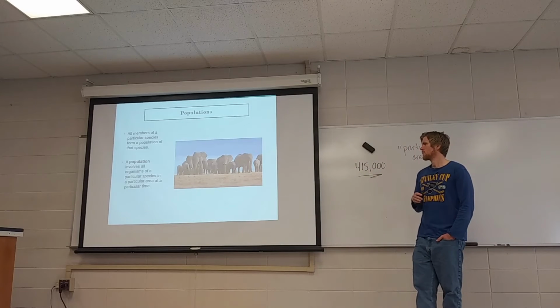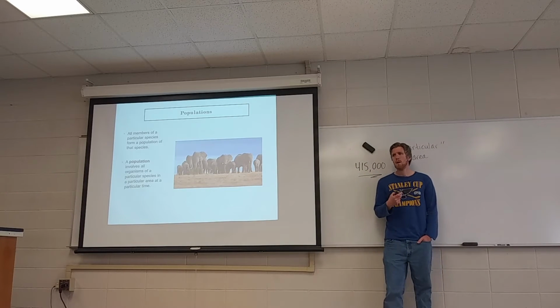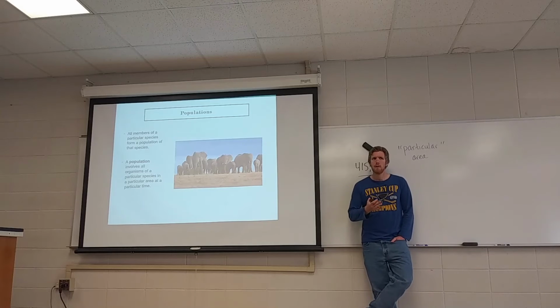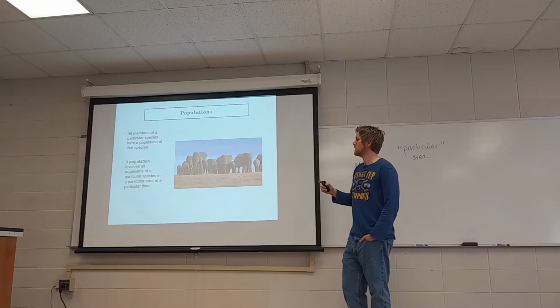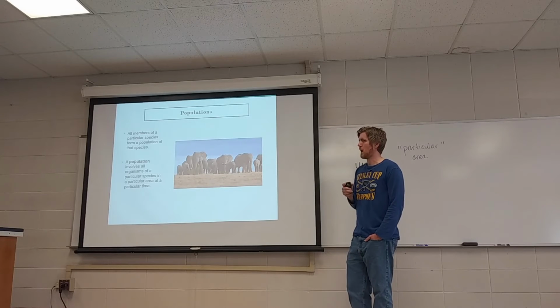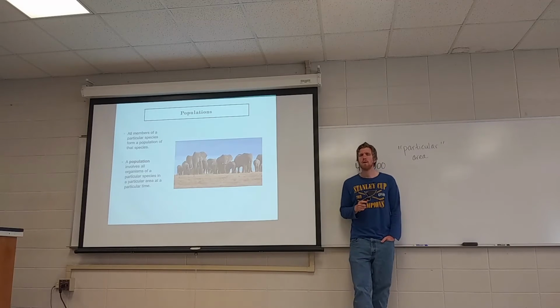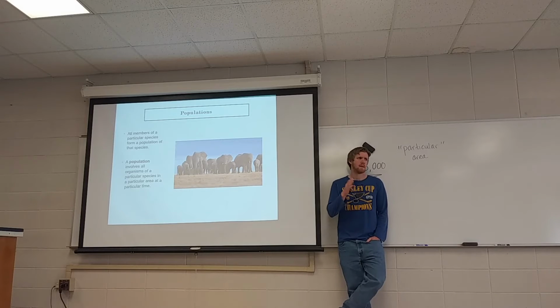If you want to think of it in human terms, I live in the city of Rolla. Population of Rolla, that's the number of humans in Rolla at the time of the last census, is about 20,000. That's a human population. The population of Missouri, I actually don't know, honestly, what that is, but that would be another population. The population of the United States is about 375 million.